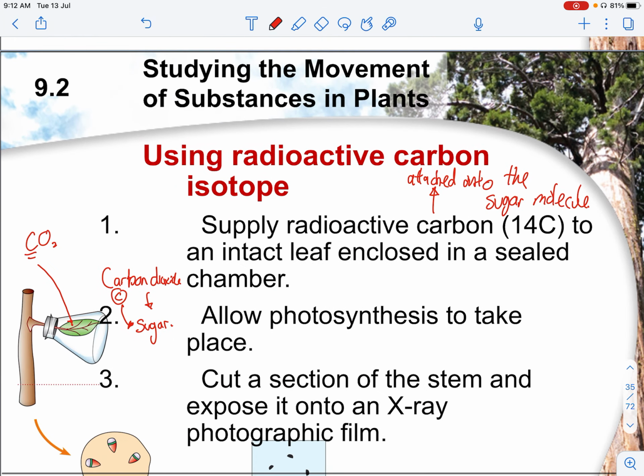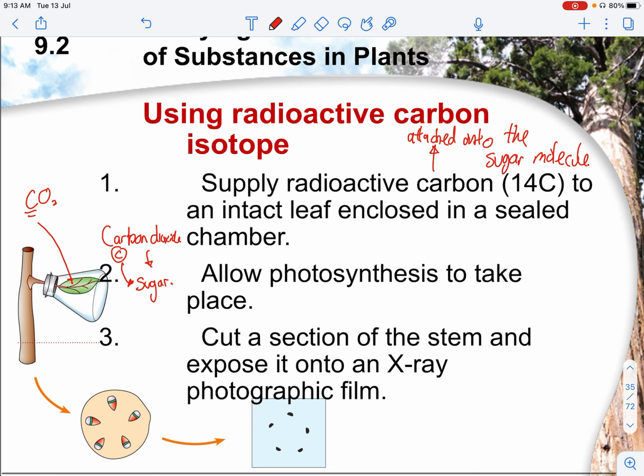So what the experiment has shown is that the phloem is located on the outer circumference of the stem. The next thing is we want to double confirm the exact position. Is it one continuous circumference or is it in different vessels on its own, still located on the circumference of the stem?